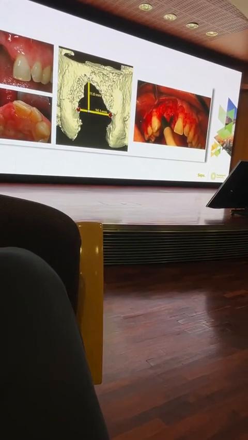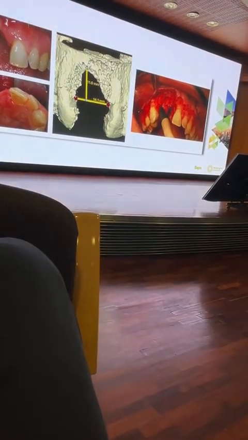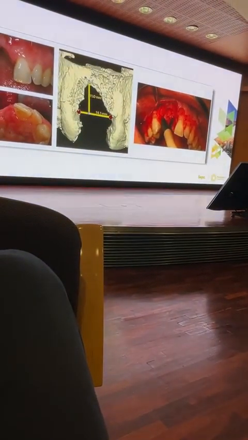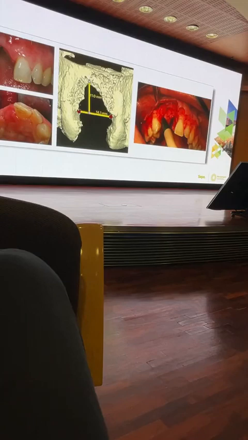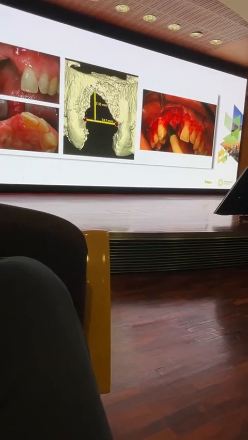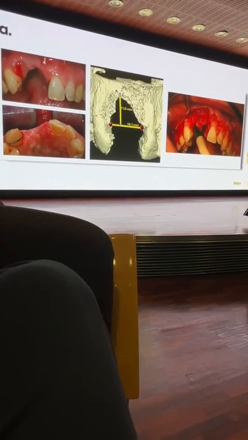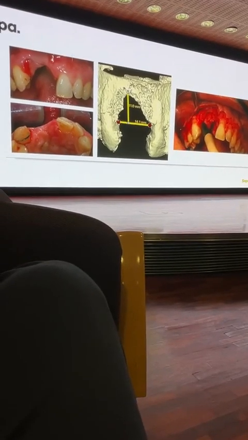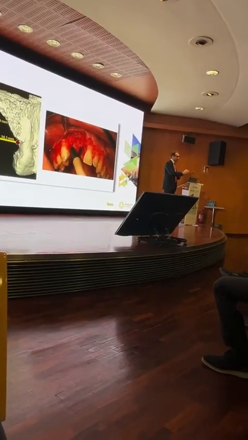Under 5 millimeters, you have a very high predictability. From 5 to 8, the predictability decreases, and over 8 it decreases by more than 10%, because you are excluding a part of the vascular support in the area.